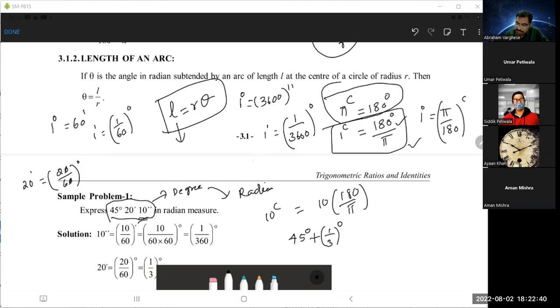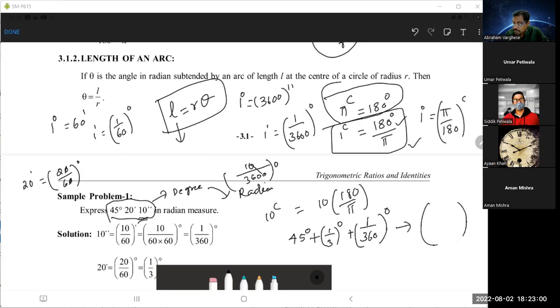So 10 second will be equal to 10 divided by 3600 degree. That means 1 by 360. So plus 1 by 360 degree. So we converted 45 degree, 20 minute and 10 second into degree.